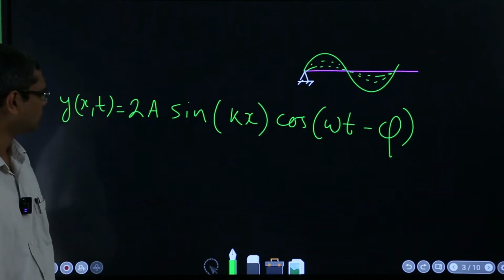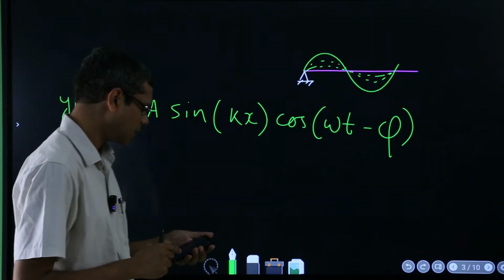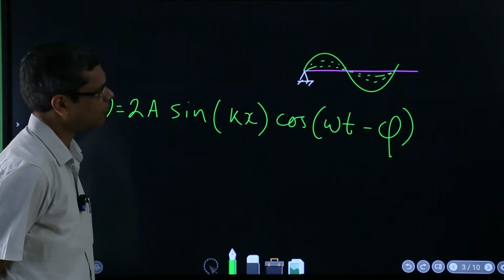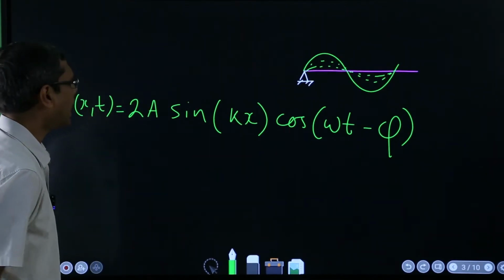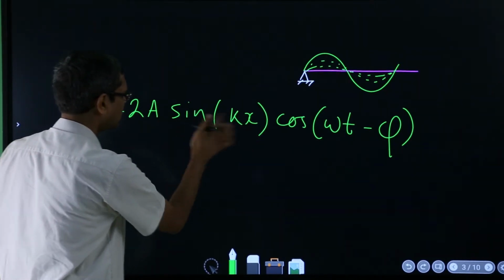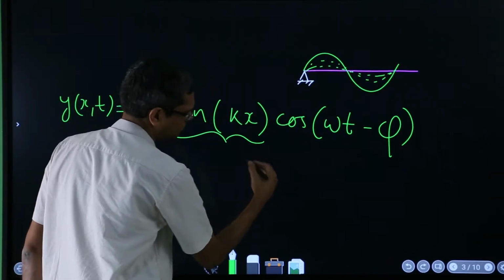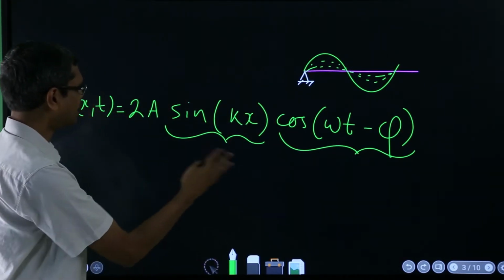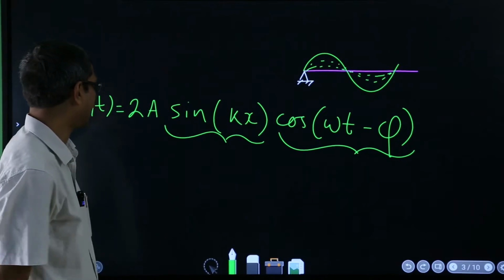Okay. So this now becomes the shape of the string, and as usual, again this is a standing wave. The space dependence is completely different from the time dependence. They are split, so it's a standing wave.